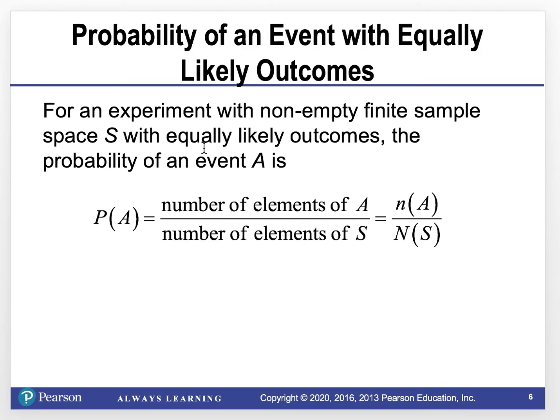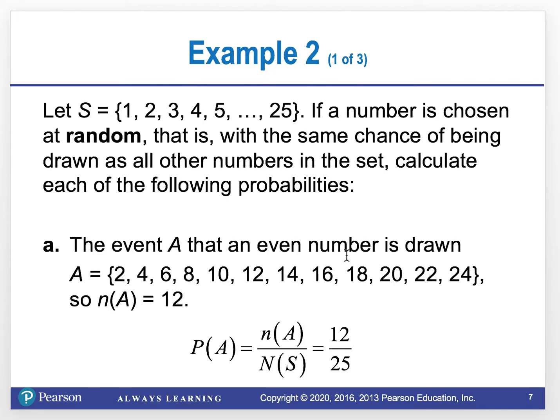Okay, so you just count. All this is saying, and this is important, is equally likely outcomes. We want to keep making sure we think about that. So all you do to calculate a probability is calculate the number of elements in your event, which is what you're interested in, and then put it over the number of elements in the sample space, the number of every possible outcome.